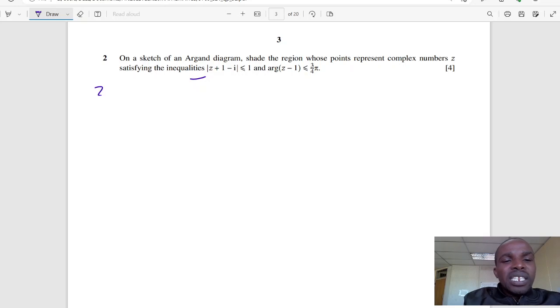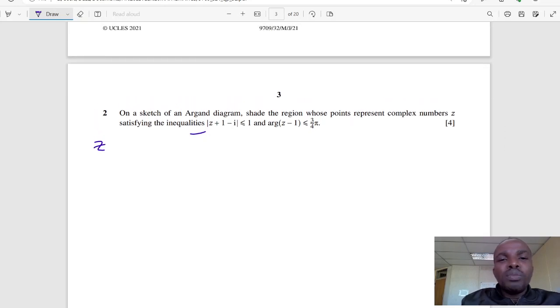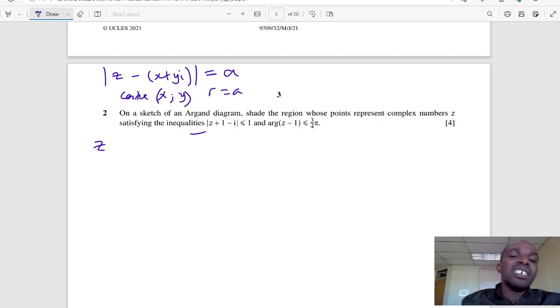It's supposed always to be in this form: z minus x plus yi, equals to h. So this one will represent a circle with center xy and radius, which is my r, a.